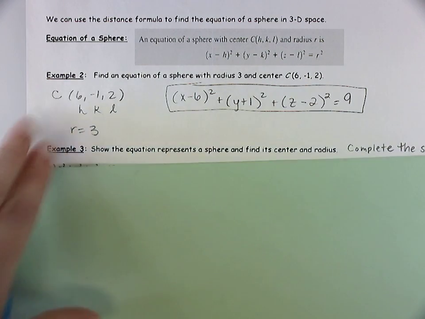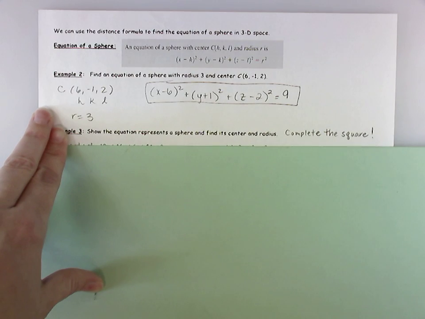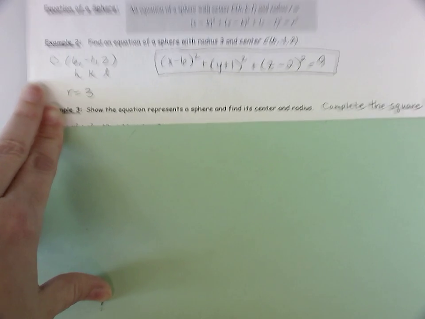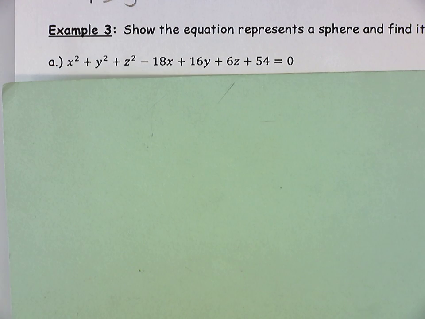Okay, and then we started talking about example 3, and I told you that we are going to have to complete the square. So that's exactly what we're going to do for this. We're just going to start by organizing our terms together.